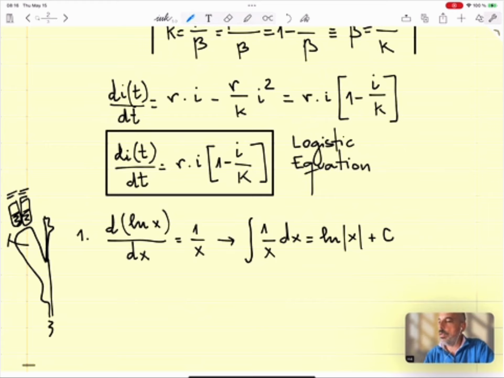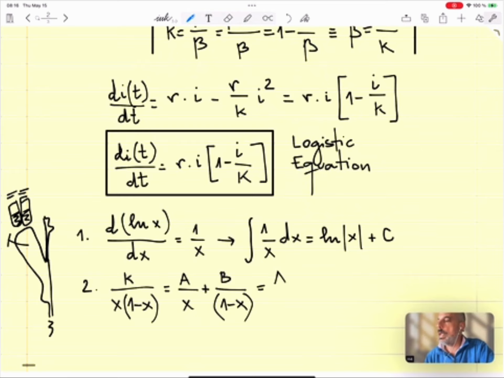The second thing to know here is that we have k divided by x(1 minus x). We need to separate this, and for this we are going to make a little trick. Two parameters, a and b: (a(1 minus x) plus bx) divided by x(1 minus x).